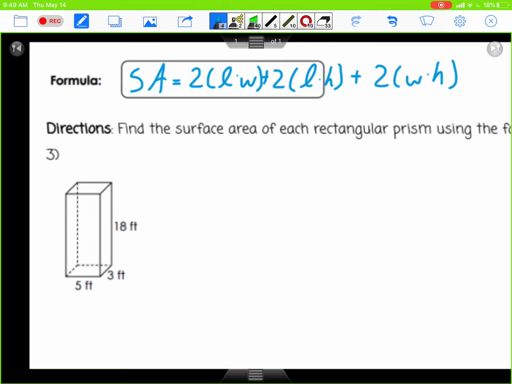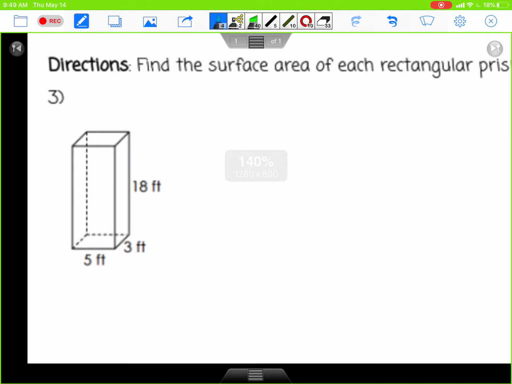So we look at our example here, number 3. It gives us the 3 numbers like I told you it will. So we have a length, a width, and a height.